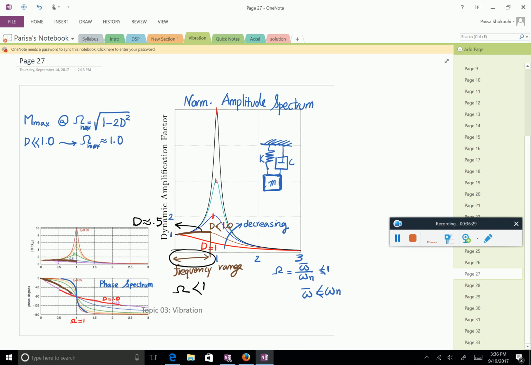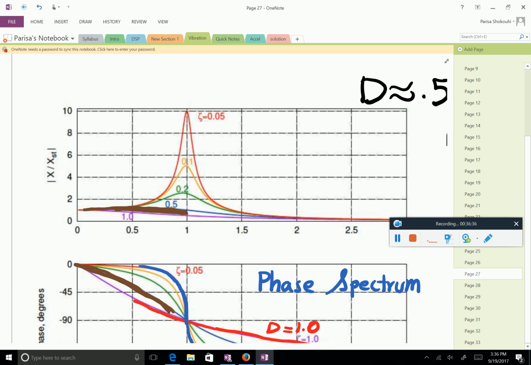You want to be somewhere, let me zoom in to make things much clearer, in this region, because this is one, that's m versus omega. For you to measure the acceleration, you want m which is around 1. And this happens in the beginning.